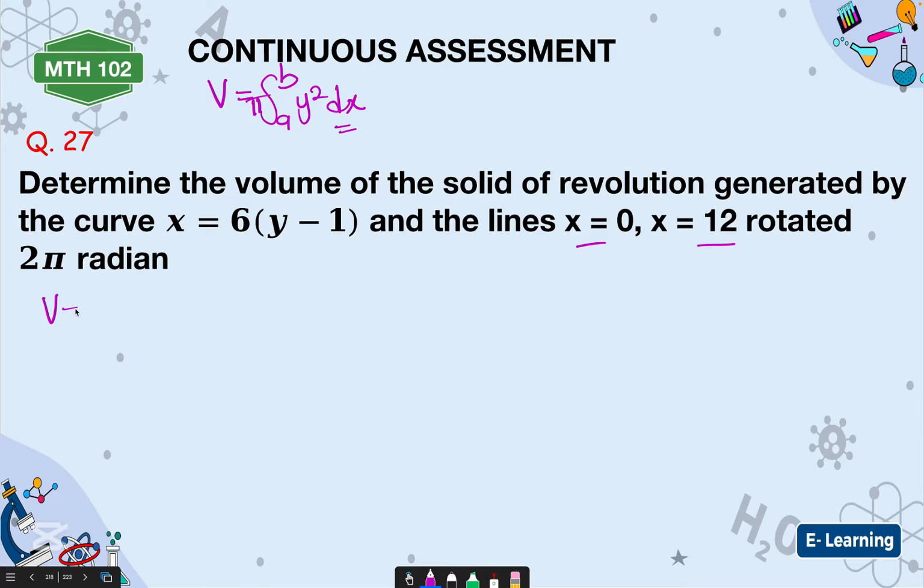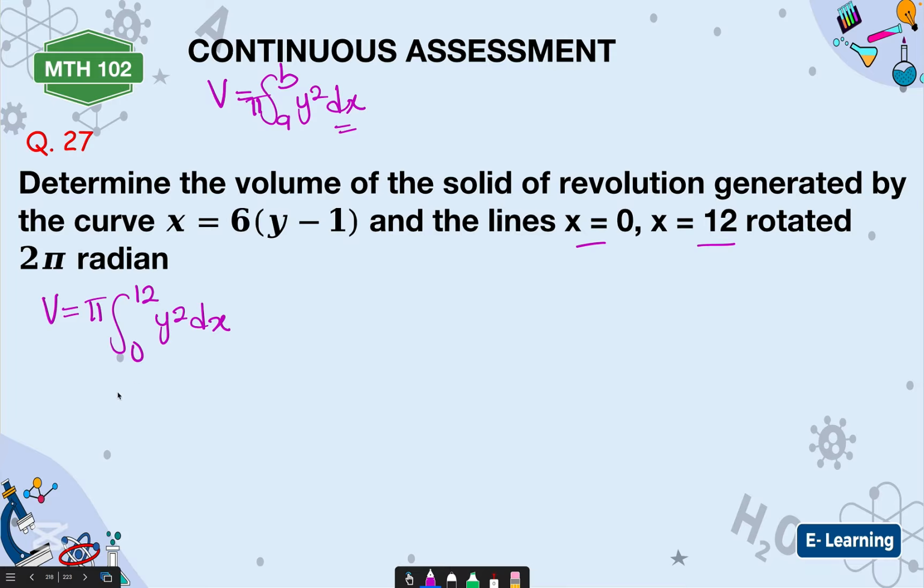So in this case now, our V will be pi integral of 12 and then 0, and then you have your x as this. But what you should make subject of the formula is your y, because what you have here is x. The values they give to you are x values. So you have to make y subject of the formula. First of all, put here y square dx.